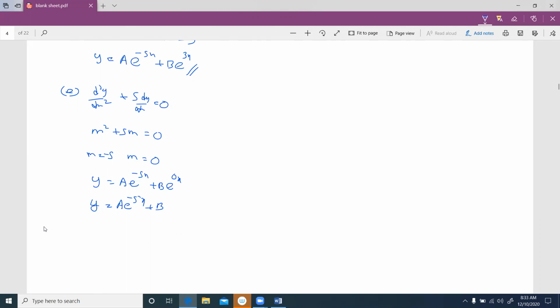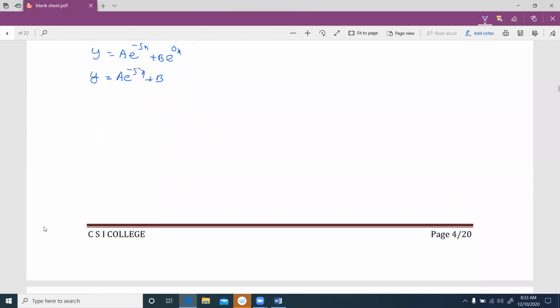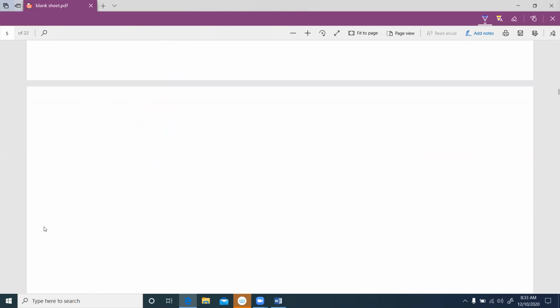Okay, then let's go to the type you asked about. Let's come to question number 2, part A, from the same exercise. That is d squared y by dx squared plus 10 dy by dx plus 25y is equal to 0.